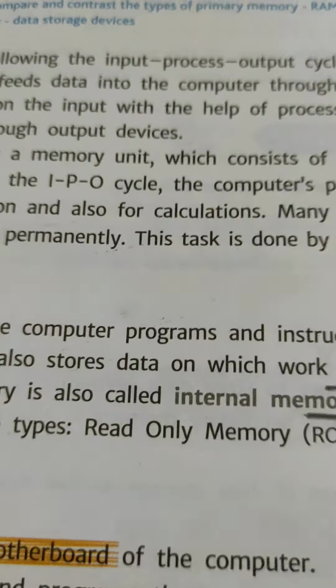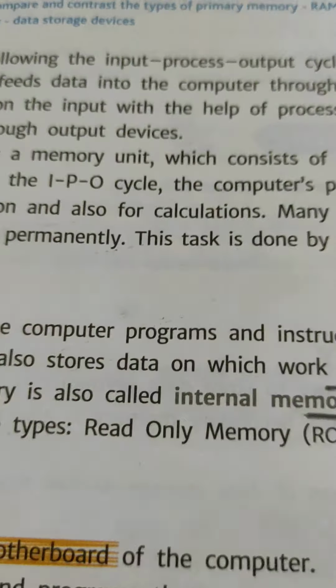It contains some instructions and programs that are essential for a computer to operate. These instructions are put into the ROM at the time of manufacturing. These are of a permanent nature and cannot ordinarily be changed by us.